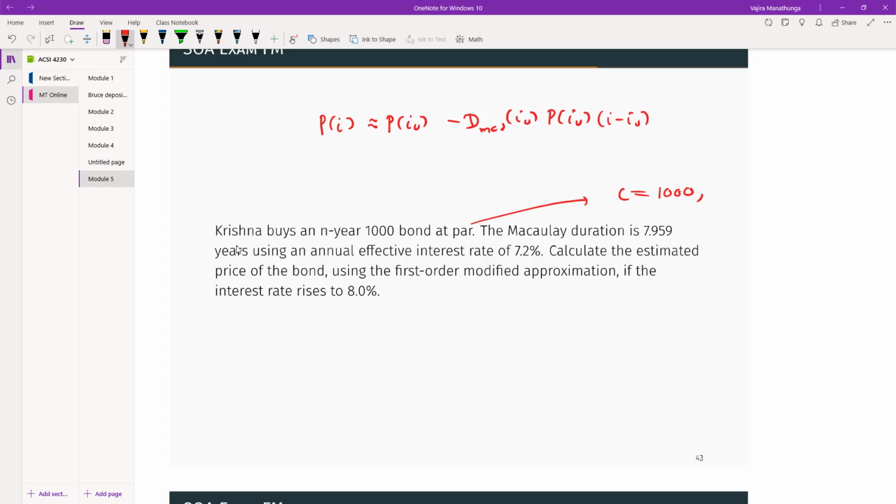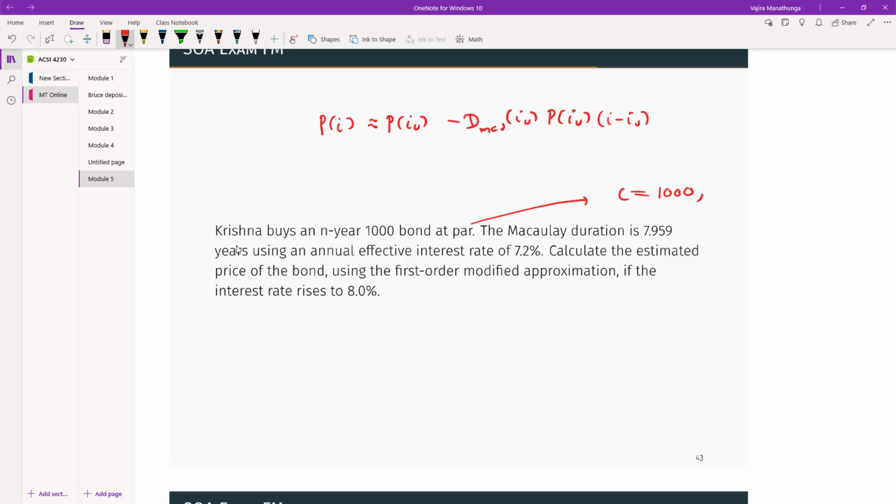If you remember the premium discount formula, since we are buying at par, it's going to be 1,000.